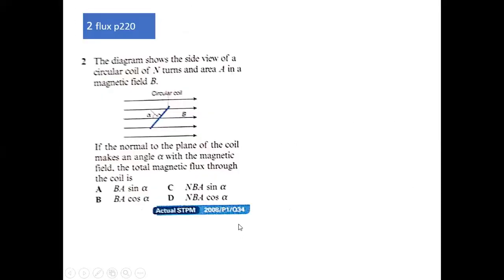Okay, so all these formulas you need to remember. Try this one in your book, page 220, number 2. Yeah, what's the answer?